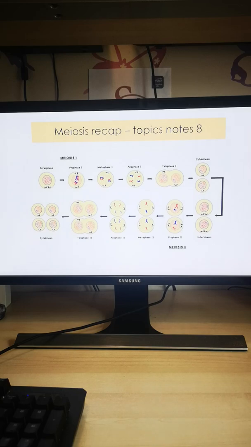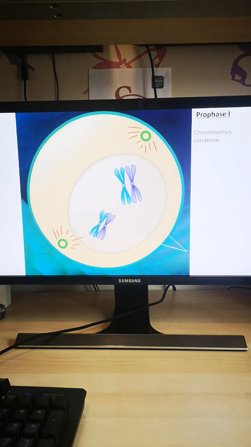Okay, in terms of a bit more detail, if you think about that first division, there were some events that happened in the first division which are incredibly important. So this is our cell that's about to divide by meiosis. You can see it has 4 chromosomes and they're arranged in their 2 homologous chromosome pairs. So we'll call this pair chromosome 1 and we'll call this pair chromosome 2.